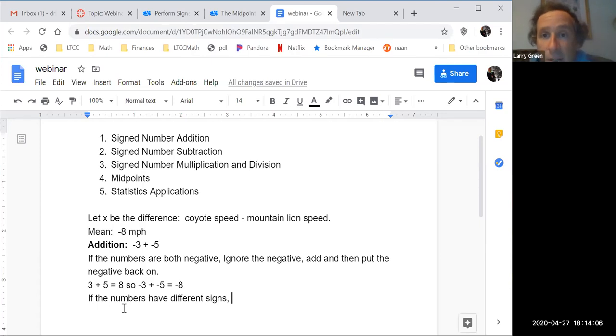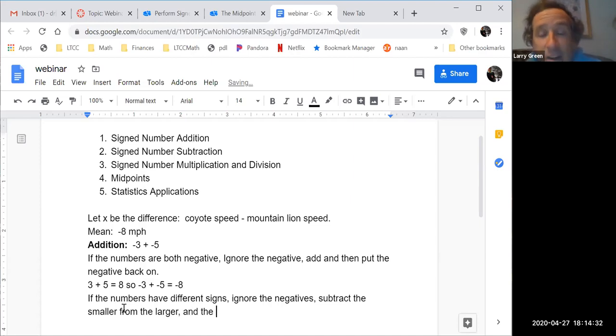That doesn't work. Then what you do is ignore the negatives, subtract the smaller from the larger, and then the bigger number gets its sign.